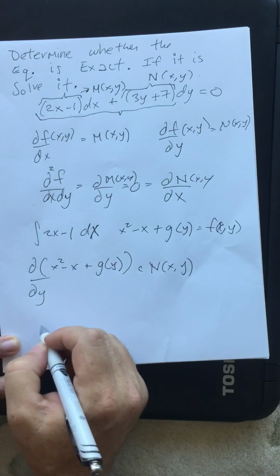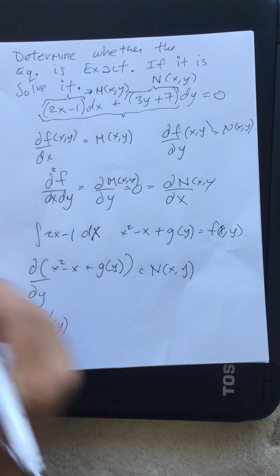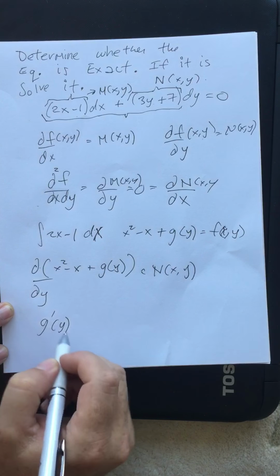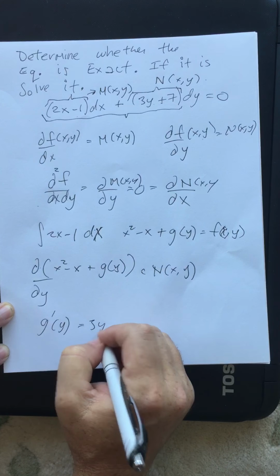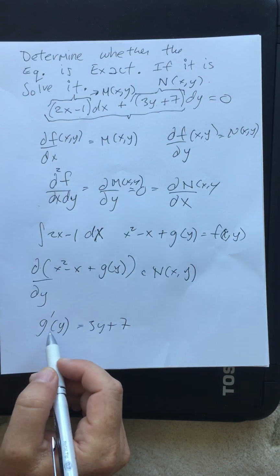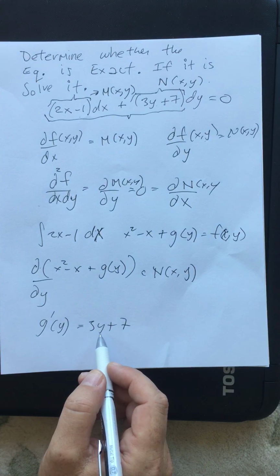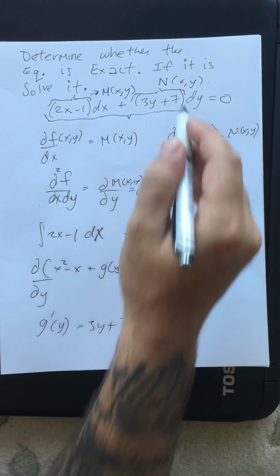Well, it's the generic g prime of y. So we have 0, 0 plus g prime of y. That is supposed to equal this up here, 3y plus 7. So g prime of y equals 3y plus 7.